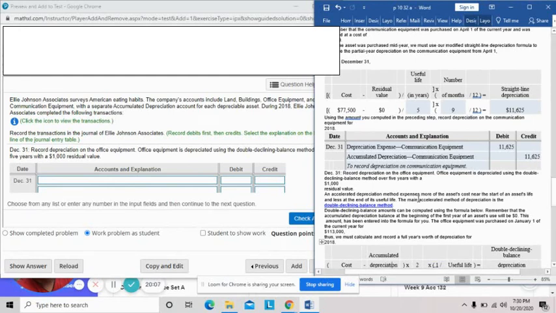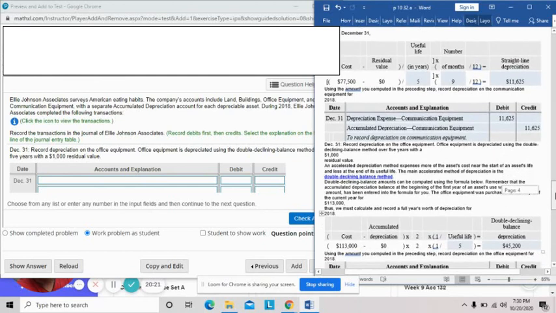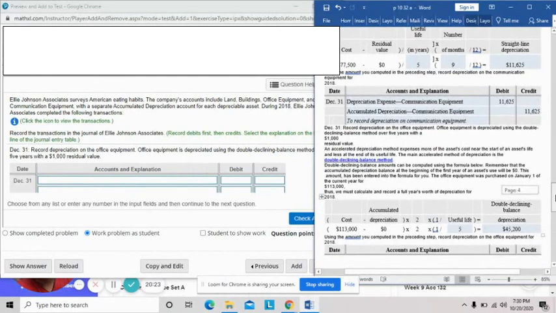Double declining balance amounts can be computed using the formula below. Remember that the accumulated depreciation balance at the beginning of the first year of an asset will be $0. This amount has been entered into the formula, and the office equipment was purchased on January 1st, current year, for I believe was $113,000. Thus, we must calculate and record a full year of depreciation for 2018.